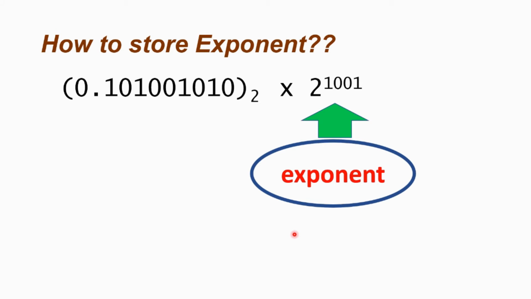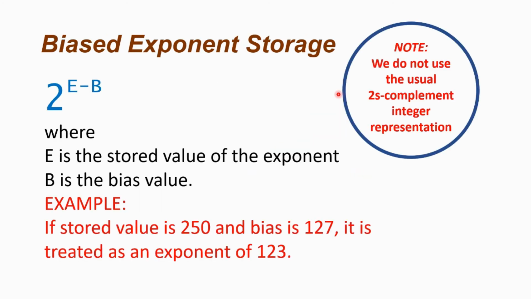Next, we look at how to store the exponent. That is this exponent out here, 2 raised to the power 1001 base 2. This is stored using what is called a biased exponent storage. The first thing to note out here is that we do not use the usual 2's complement integer representation. That is, the standard schemes used for storing integers are not used here. We use a slightly different scheme, which is known as the biased exponent storage. So here, the actual exponent is e minus b.